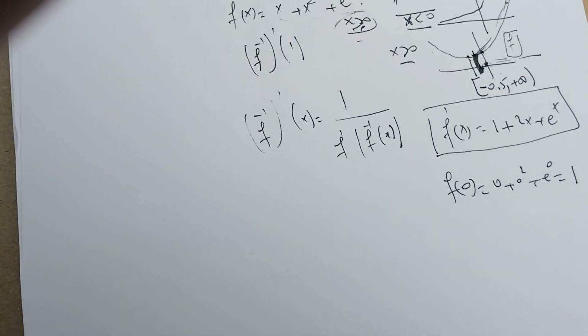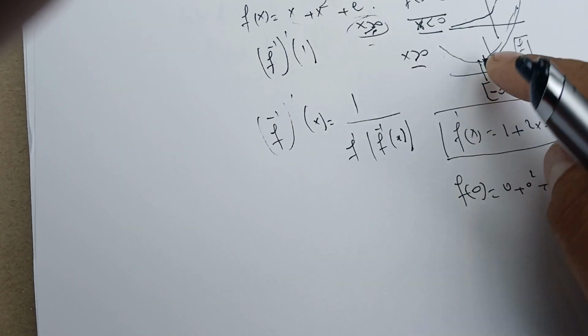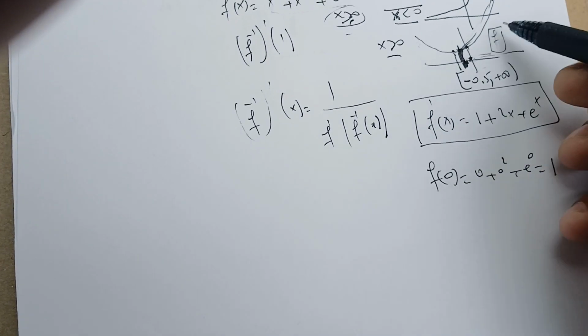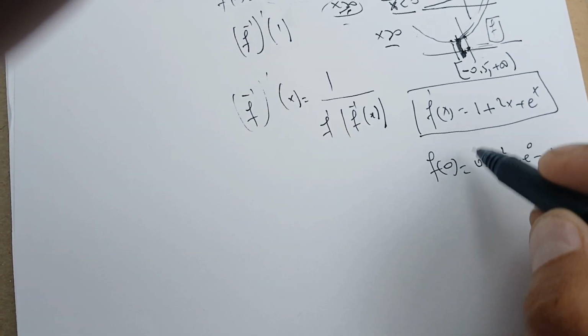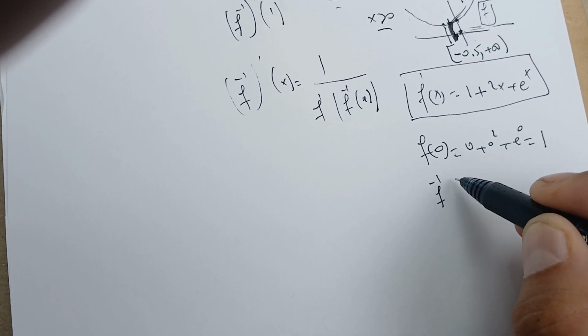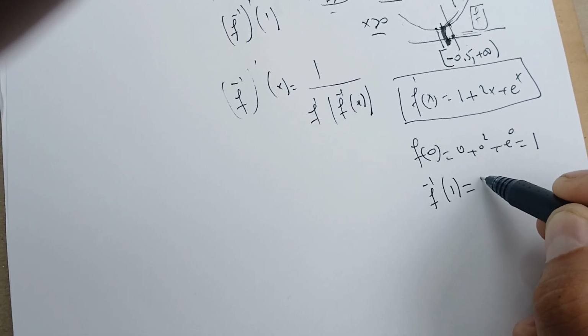So 0 is in this interval, and f is increasing. Here we have an inverse function, and in this case we see that f inverse of 1 is 0.